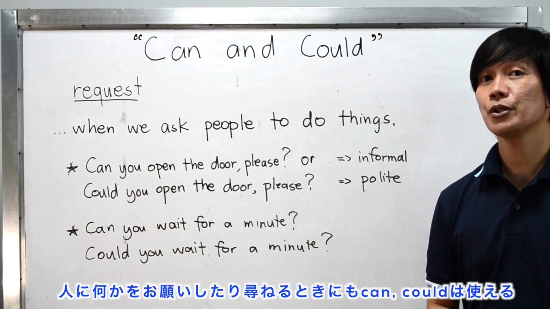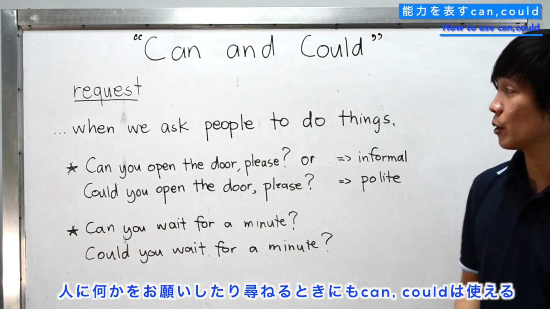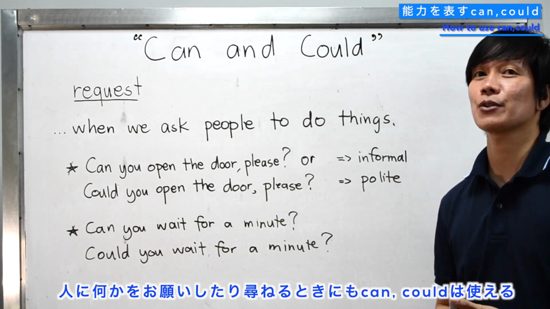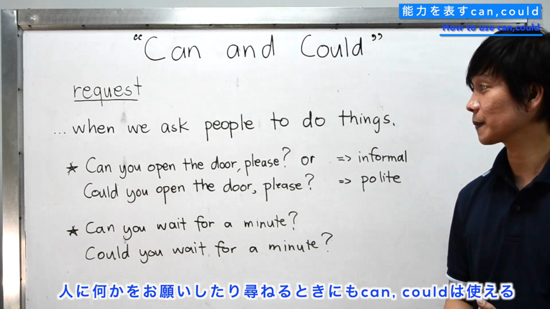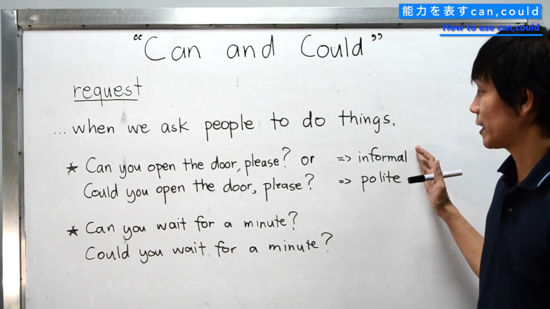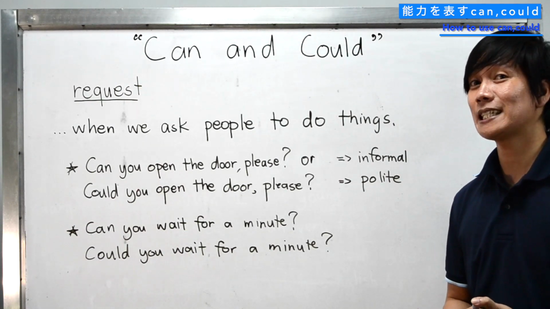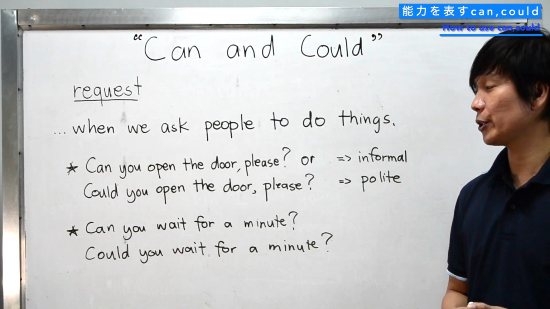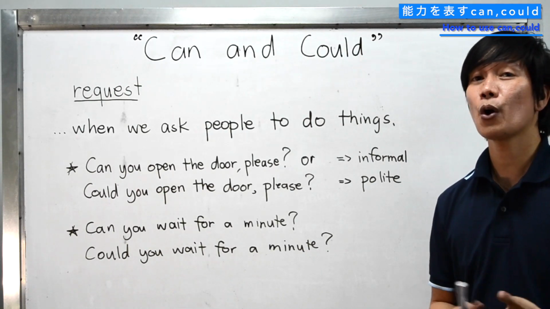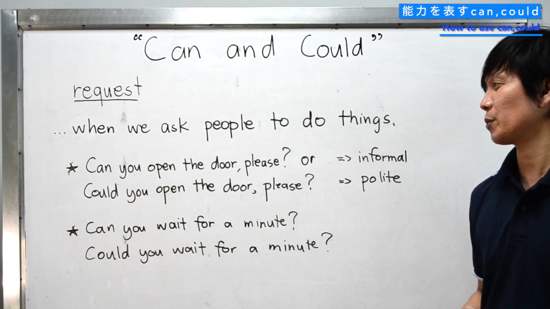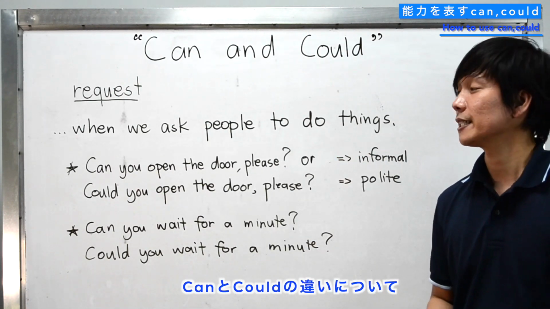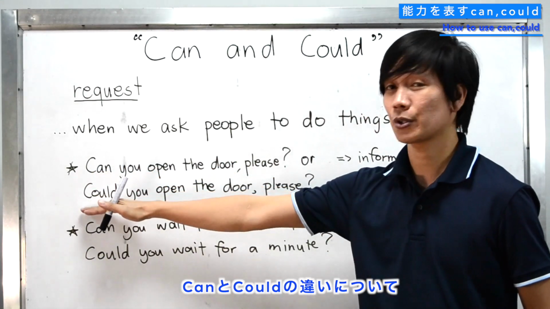So we can also use can or could when we ask people to do things or to request for something. We have here examples. Can you open the door please? Or you can also say, could you open the door please? So what's the difference between when we use can or could?